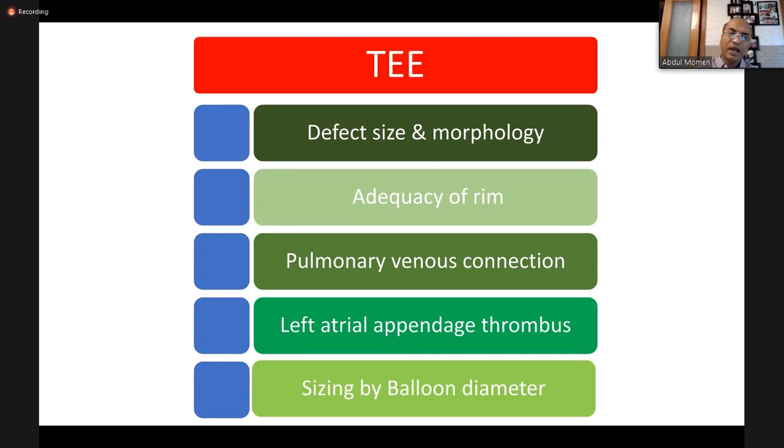When transthoracic or transesophageal echo is done during inflation and there is no flow across the ASD, that is the balloon size, the balloon diameter. So balloon sizing may also be helpful.